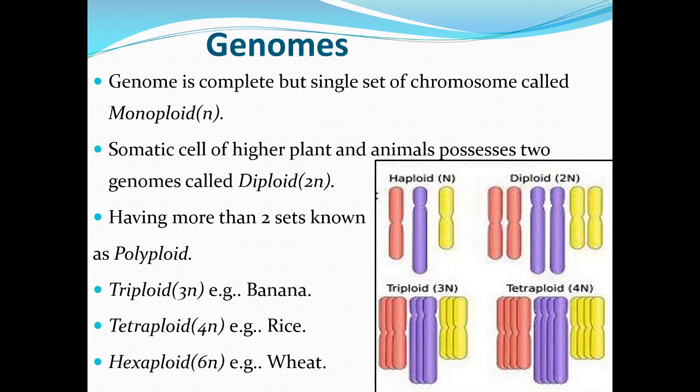And some plants have more than two sets of chromosomes, which is called polyploid. Those plants which have three sets of chromosomes are called triploid, having 4 called tetraploid, having 6 called hexaploid. The example of the triploid is banana, tetraploid is rice, and hexaploid is wheat.